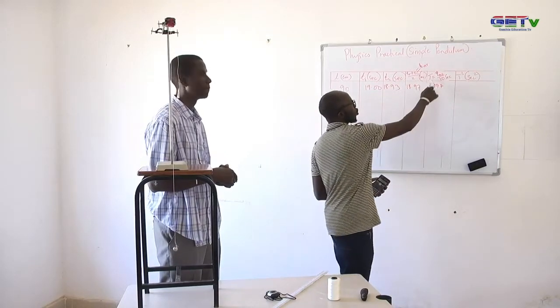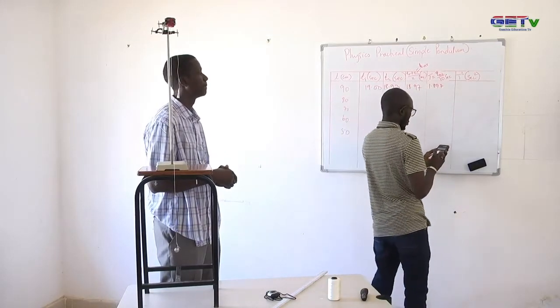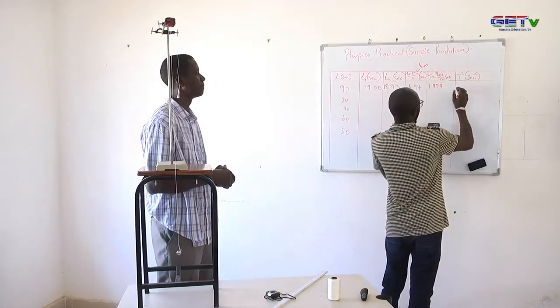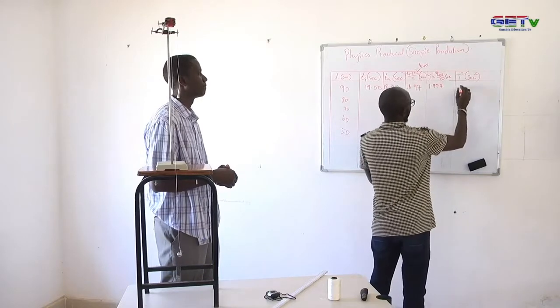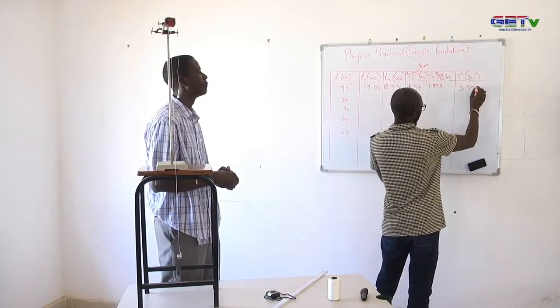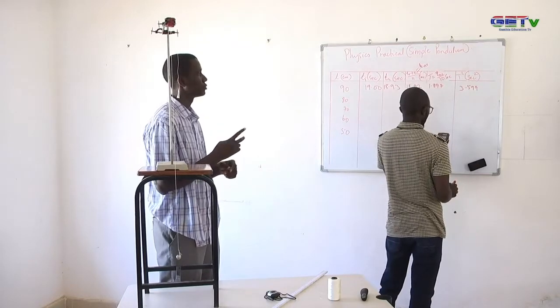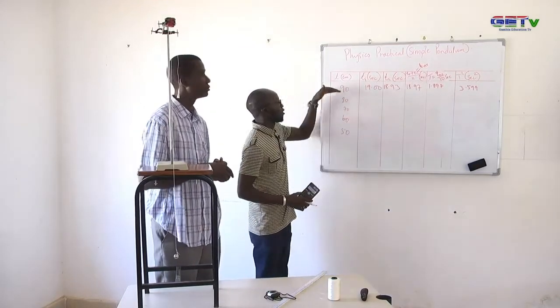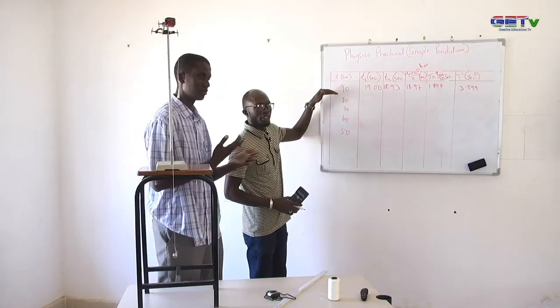So now we are going to square this. This is important for some reason, and you will come to see pretty soon. Now when we square this, we have 3.599. Now, we are done with the first value of L, which is 90 centimeters.